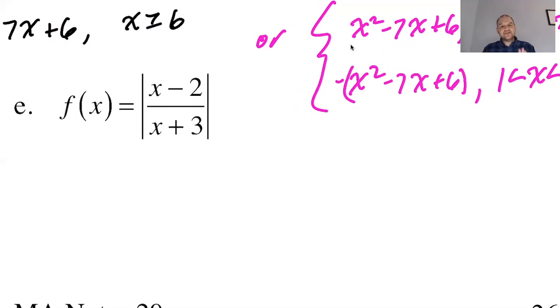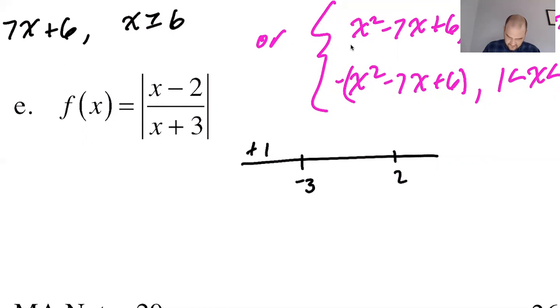So what happens is you find the 0 of everything. So I'm going to put the 0 of everything on a sign chart. I get -3 from the denominator. I get +2 from the numerator. Okay, now it's the ratio. -1 billion minus 2, definitely negative. -1 billion plus 3, definitely negative. The ratio is positive.